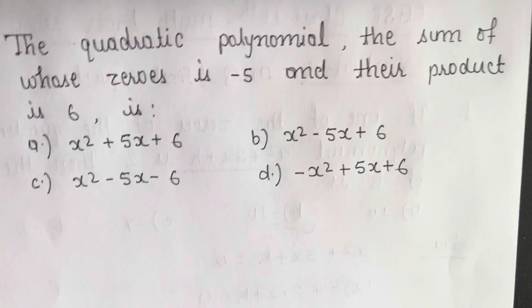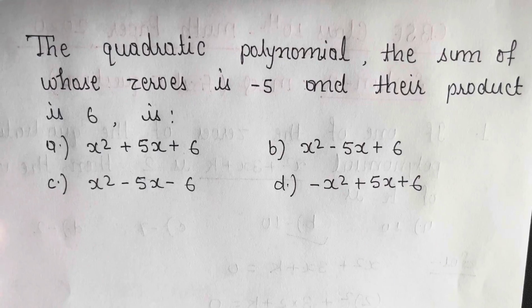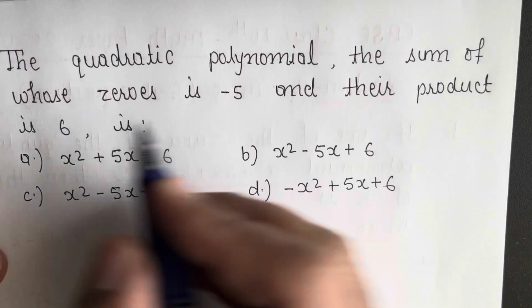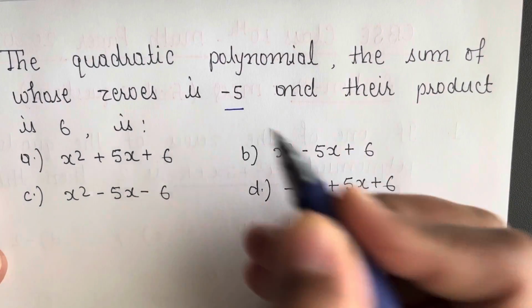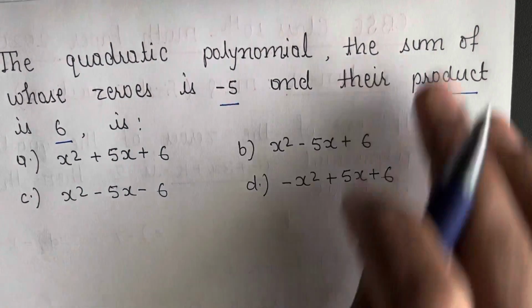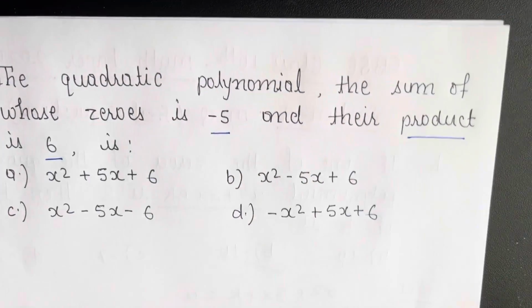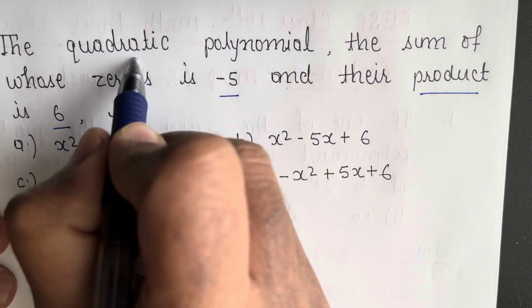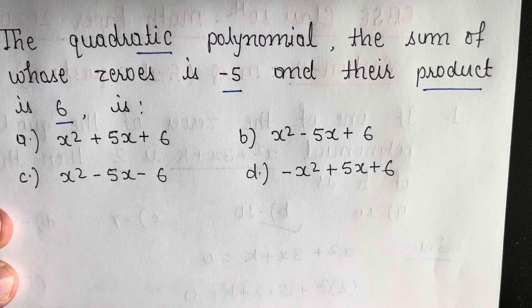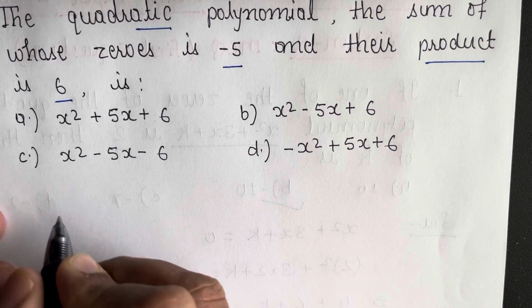Moving to the third question. The quadratic polynomial, the sum of whose zeros is minus 5 and their product is 6. For a quadratic polynomial, the highest degree of that polynomial will be 2.